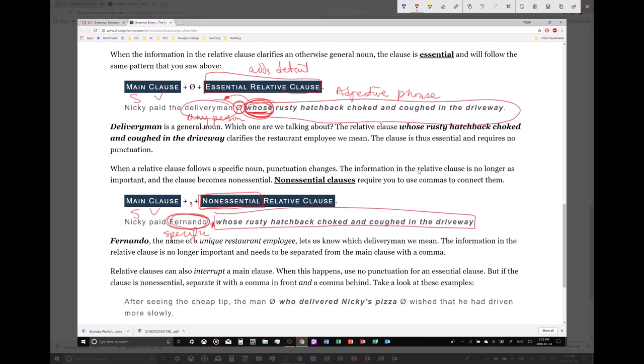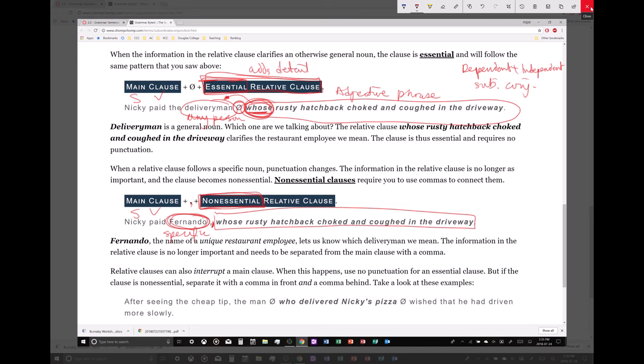So now, remember, you're not only dealing with dependent and independent clause, you're not only adding a subordinate conjunction, but now you're going to have to learn also essential and non-essential relative clause. Okay.